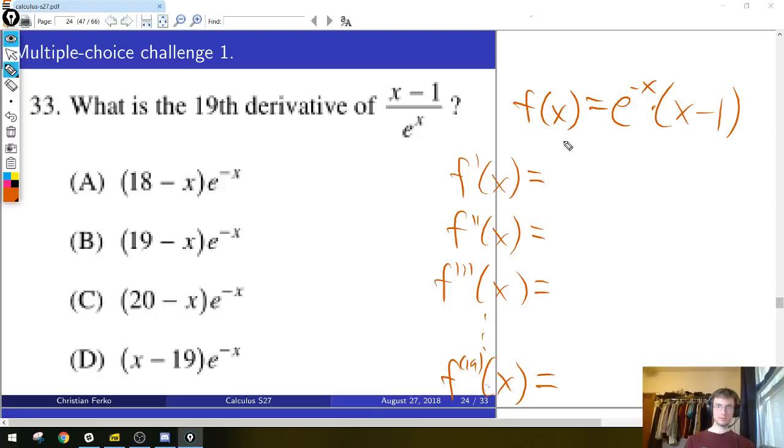So we have negative e to the negative x. That's right. And then times the second one left alone. Times x minus 1. Good. And what's the second term? e to the power of negative x times... it's just going to be nothing, so it's 0. Or, well, the derivative of this thing is 1, right?